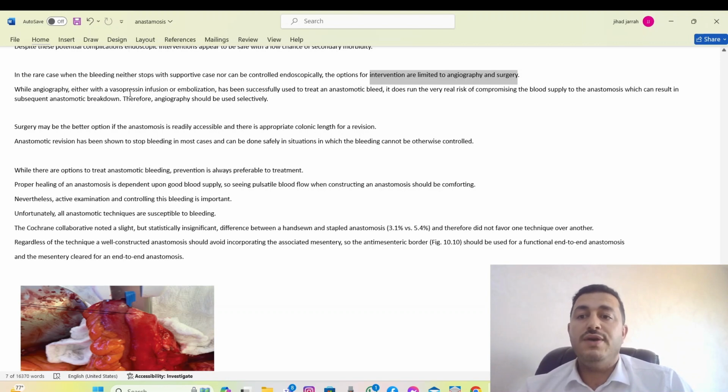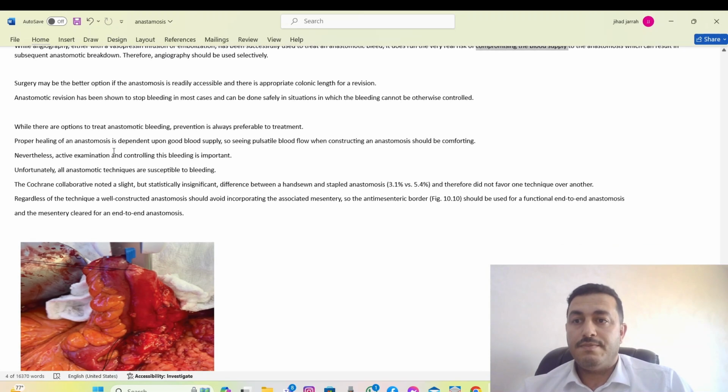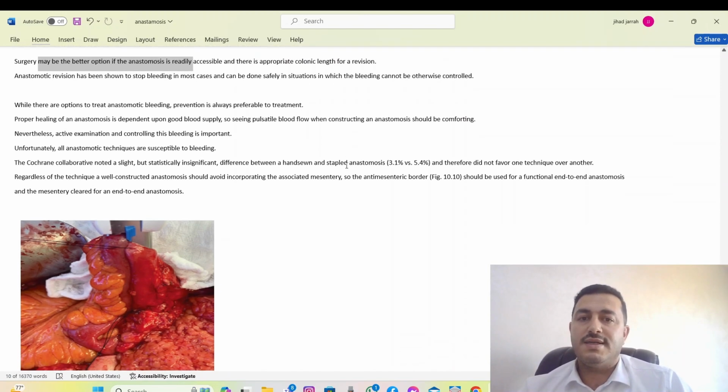With angiography, we use vasopressin or embolization to treat the anastomotic bleeding, but here we have a risk of compromising the blood supply. Okay, surgery may be better than angiography if the anastomosis is accessible.